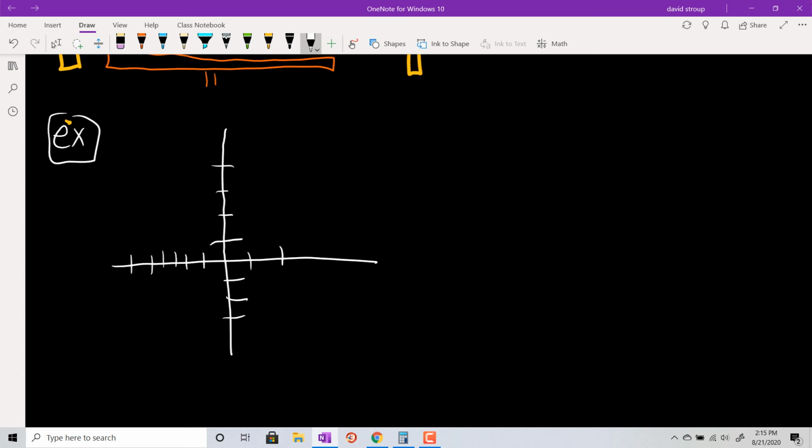And my points: I have one at -6, 4. That's here, and it's an open dot, so it's not on the graph. Then I have one at -4, 0, and that one's closed. And then I have another point at 0, -3. Okay, my graph looks like this.